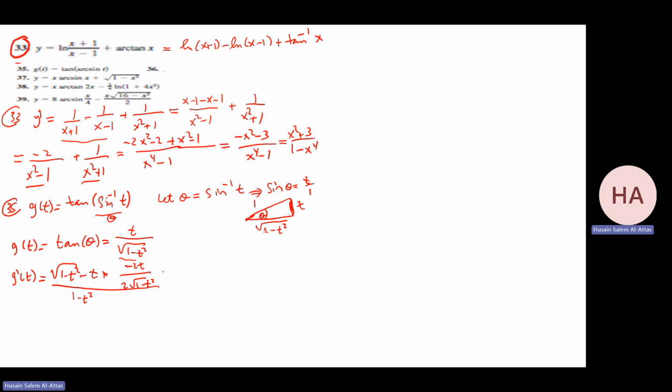So this is simplified in the numerator. I have what? 2, 1 minus t squared plus 2t squared, all over 1 minus t squared to the 3 over 2.